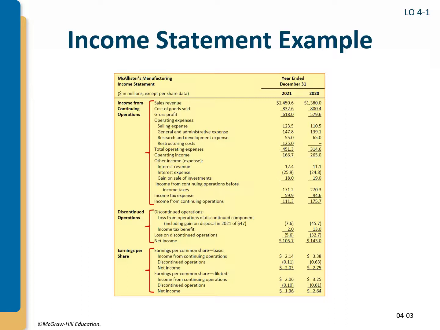Now, not all companies will have this next section, but if a company is getting ready to get rid of, sell, or disband of a major component, we're going to talk more about this in detail. They separate those revenues and expenses out and categorize them on the income statement as income and expenses from discontinued operations. And you could see there's two major sections there. Loss from operating the discontinued component until it was sold. Loss on the actual sale of the discontinued operation.